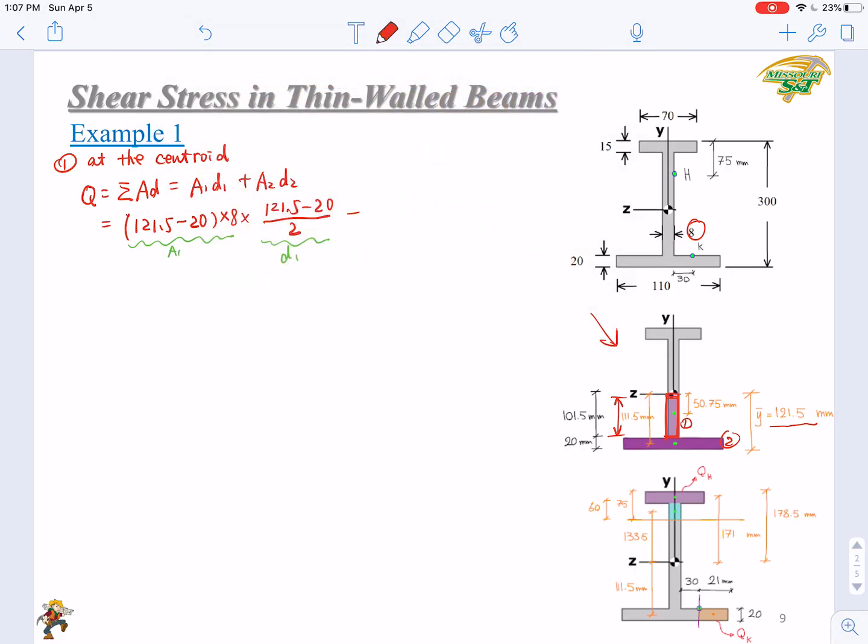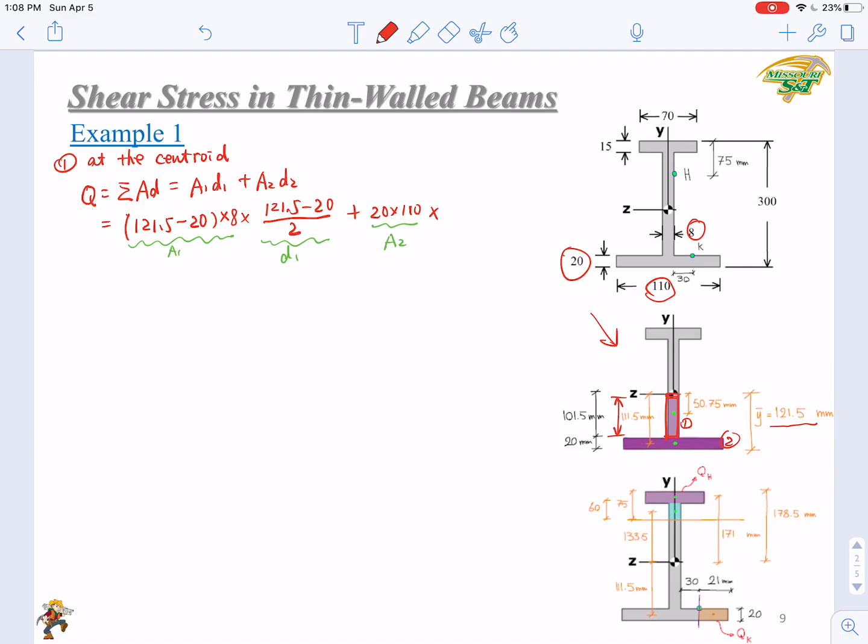Then plus A2, the area of sub area number 2. That is relatively easy. You just have 20 times 110, as we already have this dimension. So this is the area A2, times D2. What is D2?